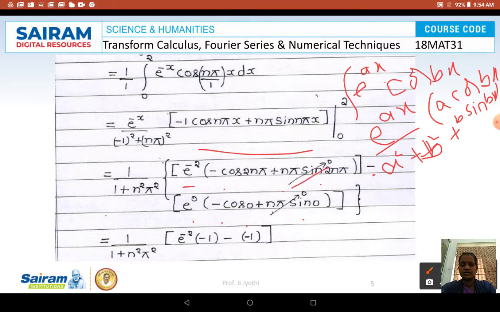In this, sin of 2n pi is 0 and sin of 0 is also 0. So what we are getting is 1 divided by 1 plus n squared pi square into e power minus 2 of minus 1 minus e power 0, that is e power 0 into cos 0 will be 1. So that we have written.